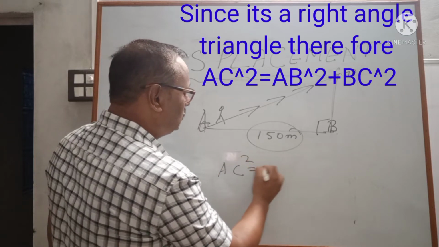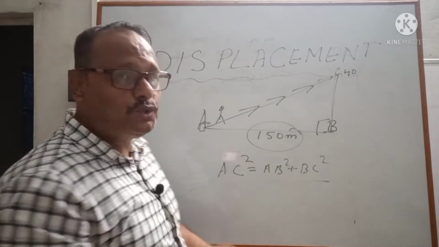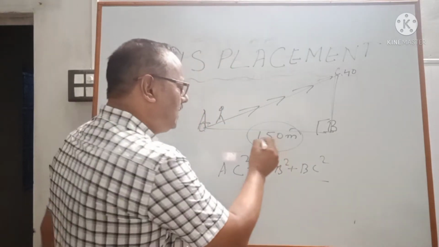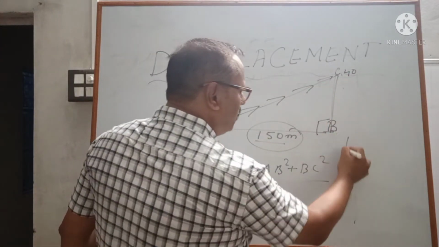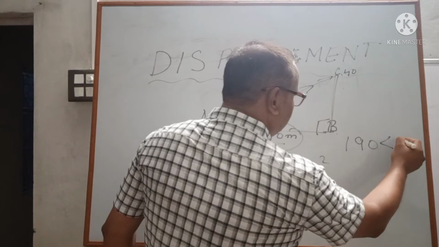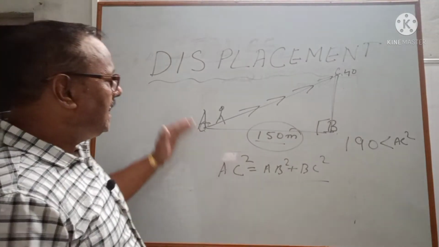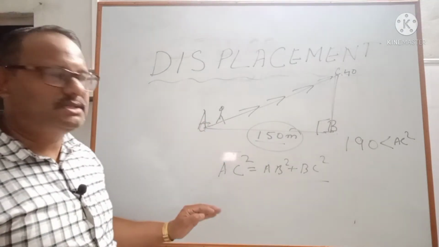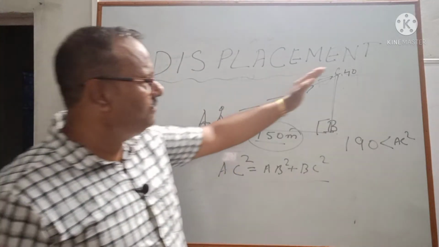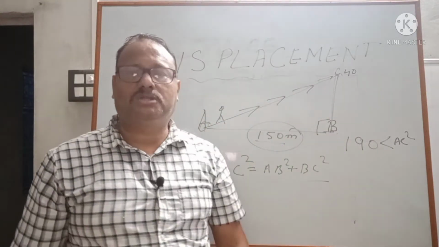AC square will equal AB square plus BC square, and this will give me the resultant AC, which will always be shorter than 150 plus 40. It will always be less than 190 meters, because according to the definition of displacement, the shortest distance between 2 points is called displacement. So from A to C, I get the shortest distance between the 2 points, and that is called displacement.